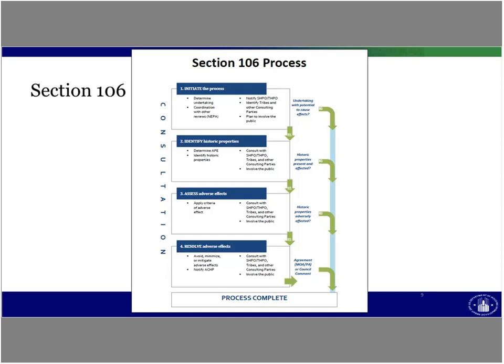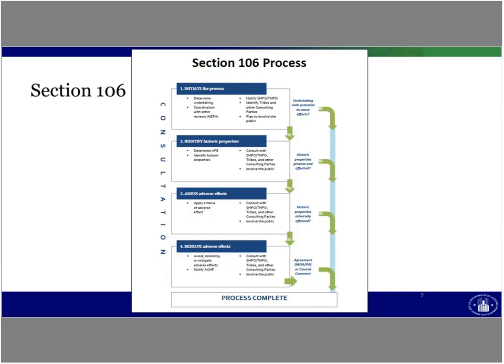In the second step, you define the area that will be affected by the project, the area of potential effect, or the APE, which often is the project site and sometimes extends into the surrounding area that may be indirectly affected by the project. If there are historic properties, then the third step of the process is to assess what the effect of the project is on the property.